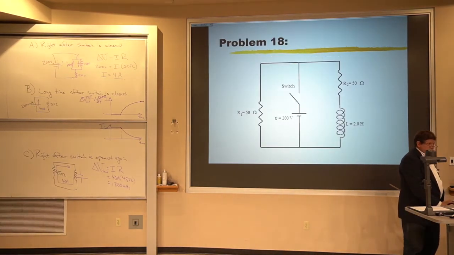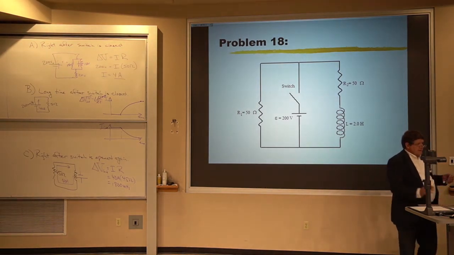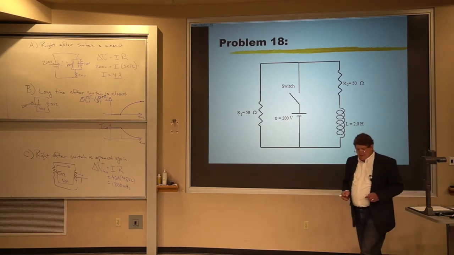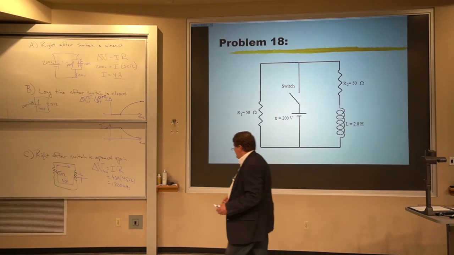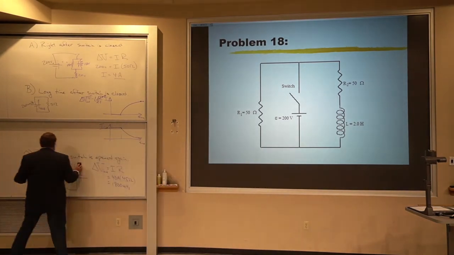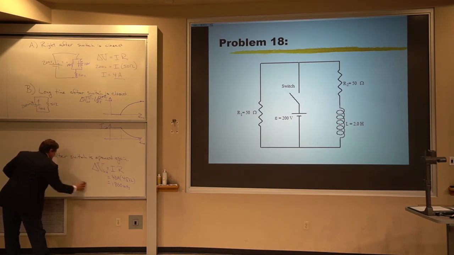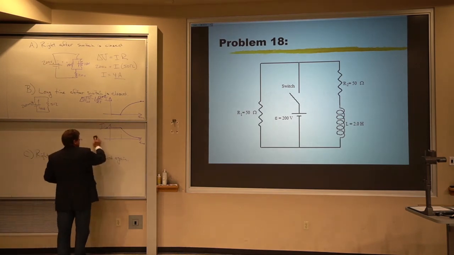Let's look at this problem, problem 18. This is very much the same type of problem as we just solved. Again, there's only 3 times that we can talk about without fancy mathematics. So let's talk about those 3 times.